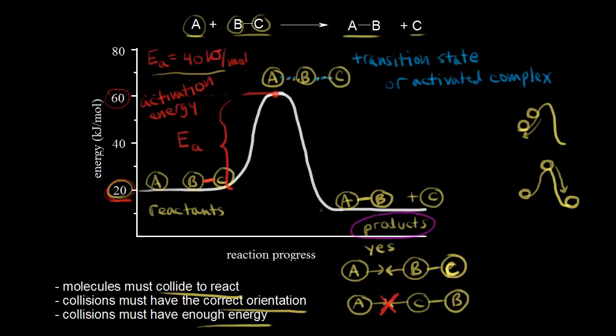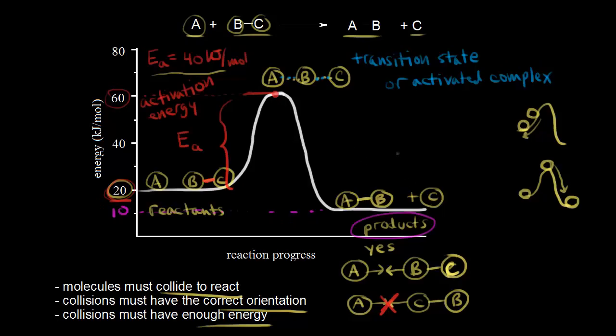So what energy is that? So we go over to here, and we find the energy, and let's say that's at 10. Let's say this is 10 right here. So the energy of our products is equal to 10 kilojoules per mole, and the energy of our products for this example is lower than the energy of our reactants. We started out with 20 kilojoules per mole, and we ended up with 10 kilojoules per mole.